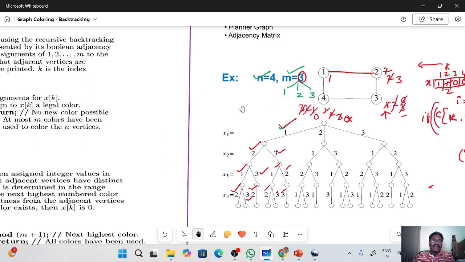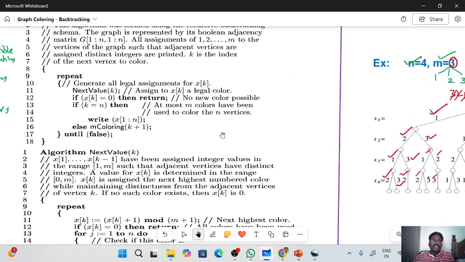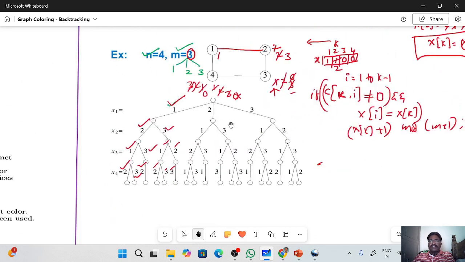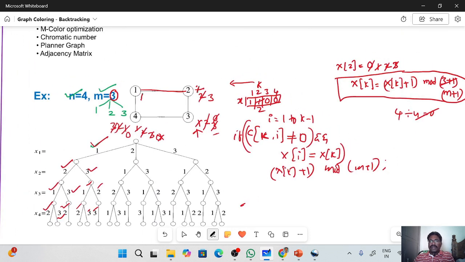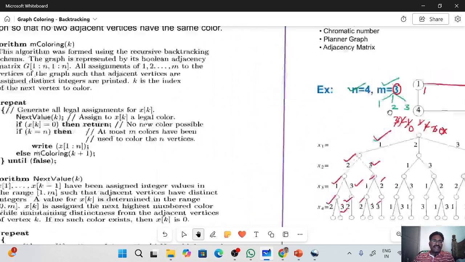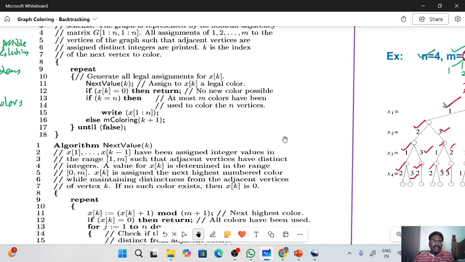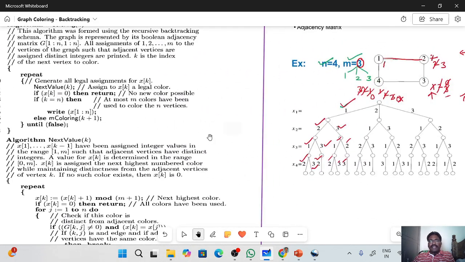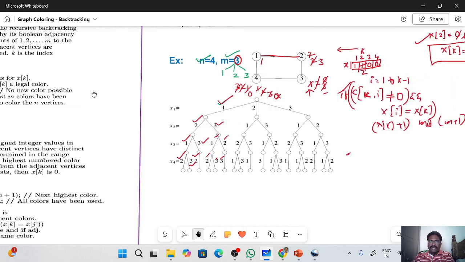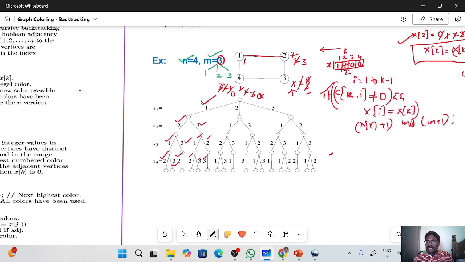Now try to find the algorithm's time complexity. My dear, the basic mathematics, these two formulas, based on those only we are going to write our algorithm. If you observe clearly, what is the time complexity? For the first vertex, how many possibilities do we have? 3, nothing but m.